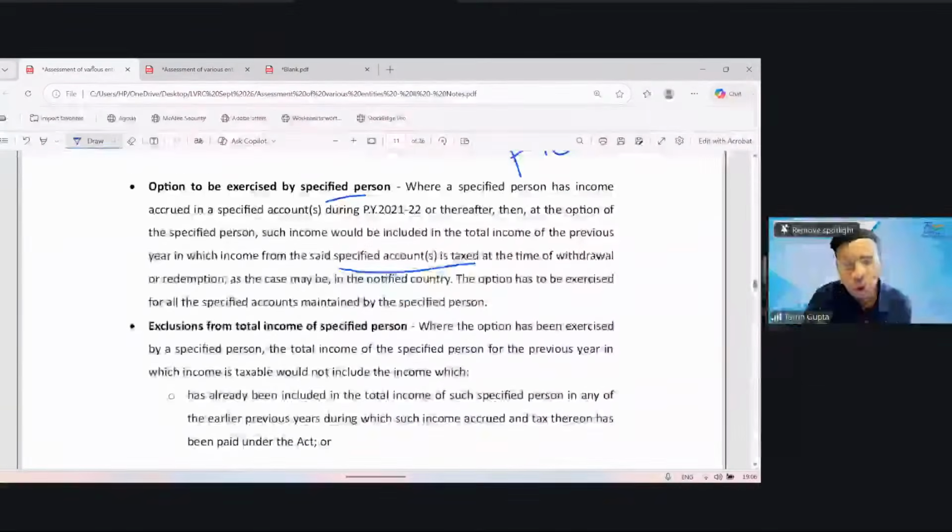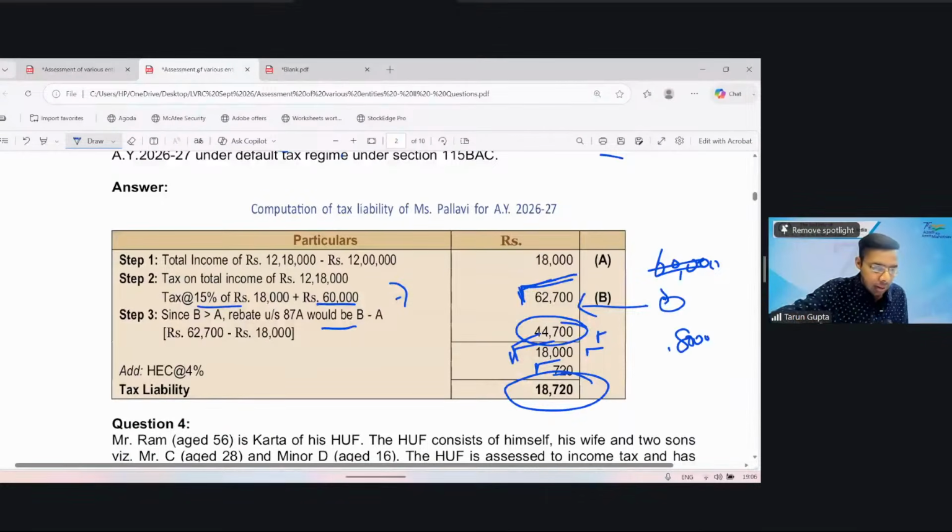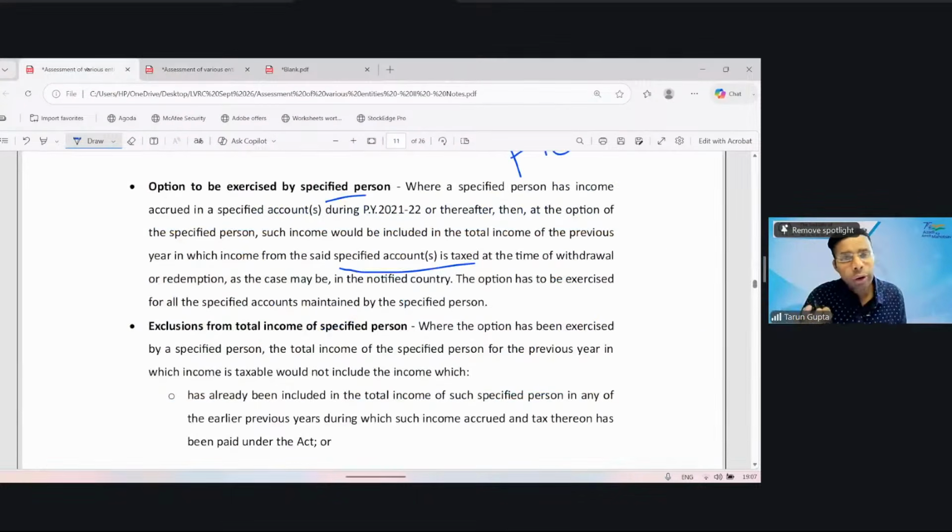So India will also tax this income in year two only. And then this person can claim foreign tax credit of taxes paid in the foreign country, because both the countries are taxing this income in the same year. You understand the logic?